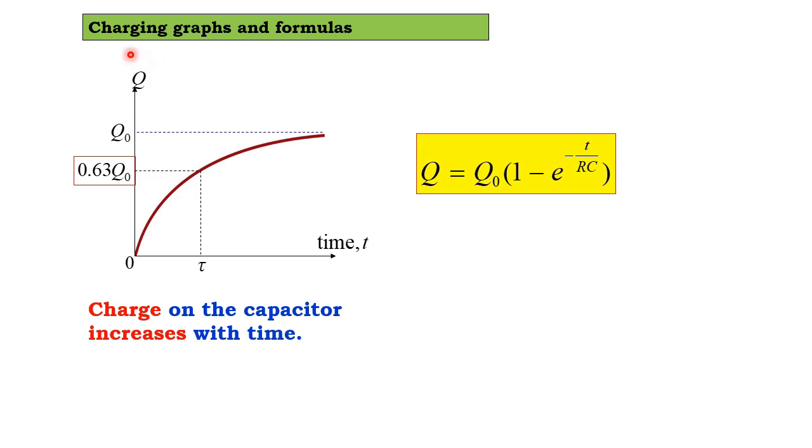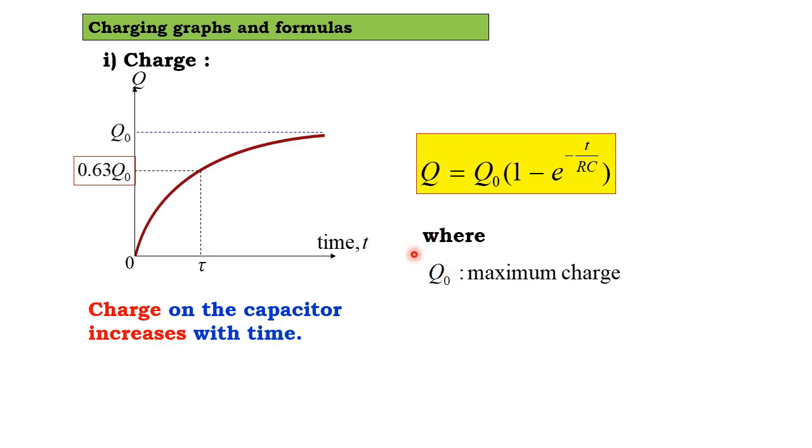This is a charging graph and its formula. If you look at this graph, it shows Q against T, where the time constant for the charging process is at 0.63 of Q naught.